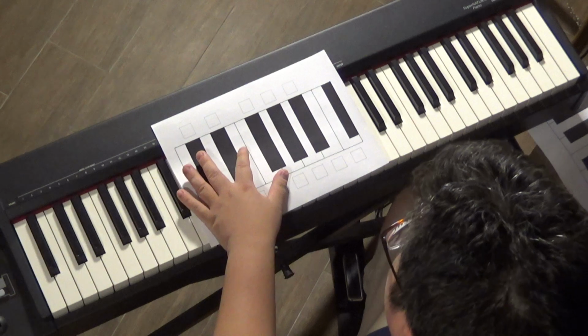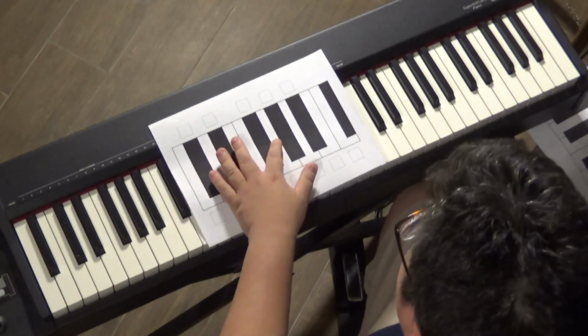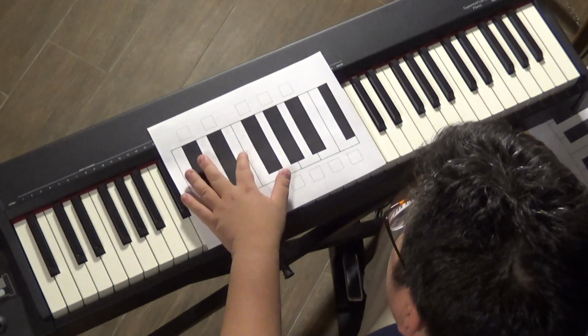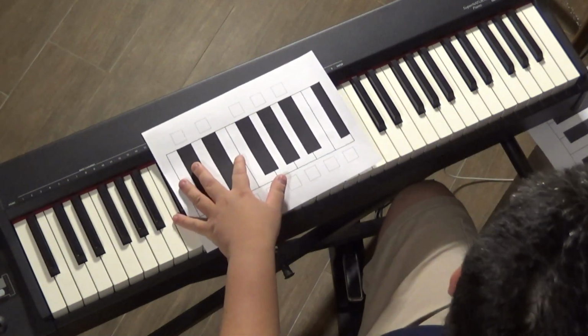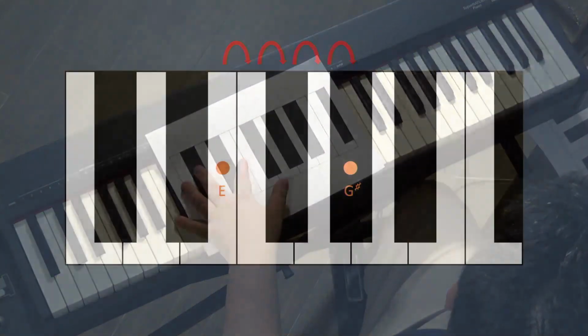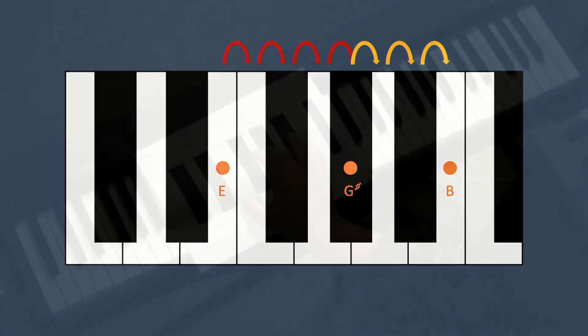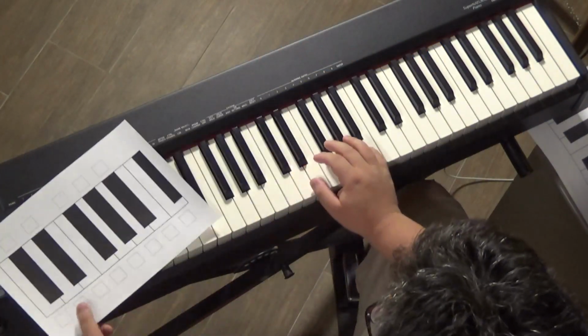So you just move as if there was a black note, but there's no black note, so the next note is just F. So if you jump 4, 1, 2, 3, 4, you end with G sharp. So it's E and G sharp. If you jump 3, 1, 2, 3, you end up with B. So E, G sharp, B. That's E major.